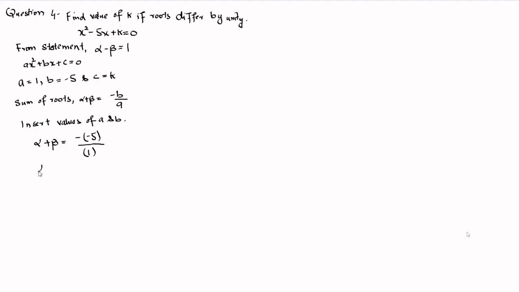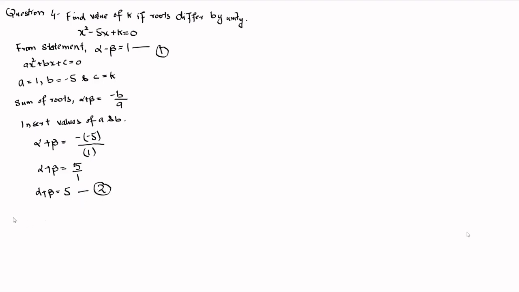So alpha plus beta is equal to, negative multiplied with negative will be positive, so we have 5 by 1, and something divided by 1 is equal to itself. So alpha plus beta is equal to 5.